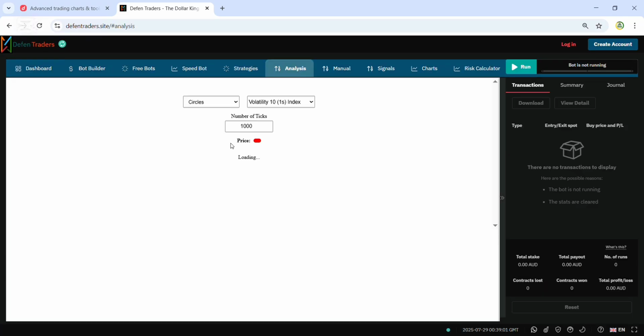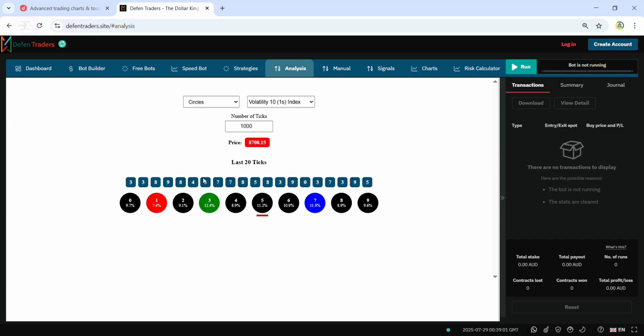I need to introduce the even odd. Now, 0 up to 9, these are the numbers or the digits that we use to trade the digit contracts. There are three here in deriv: the over under, the even odd, and the differs matches.